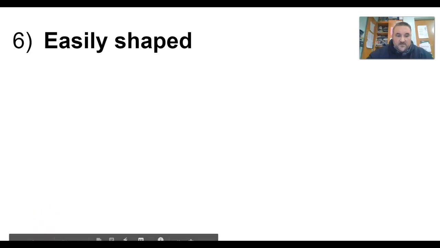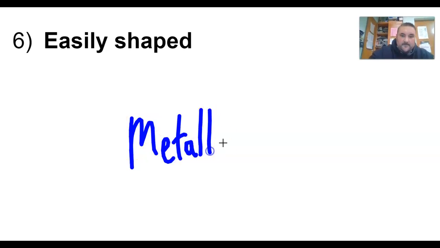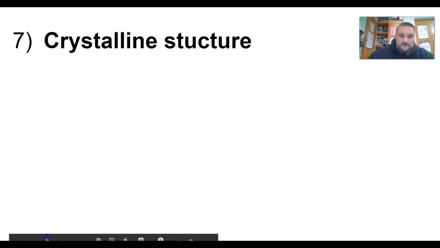Easily shaped. Well, we use these all the time. The easily shaped ones, metallic. Crystalline structure.